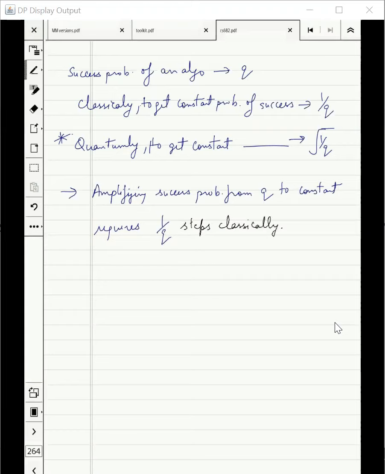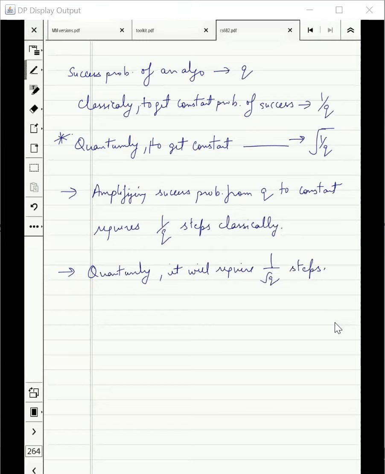Remember randomized algorithms? We had some success probability. If we have a small success probability, we want to make it big, we repeat it. Classically, it requires 1 by Q steps. It turns out that quantumly, it will require only square root of 1 by Q steps.